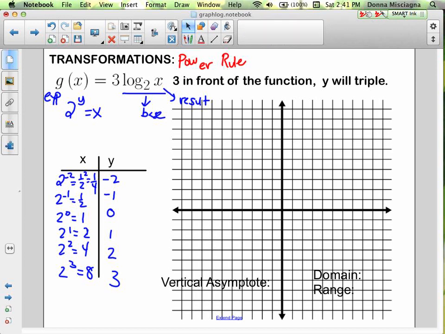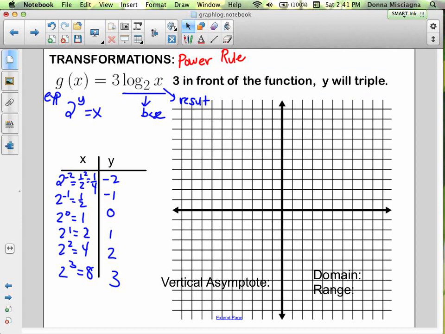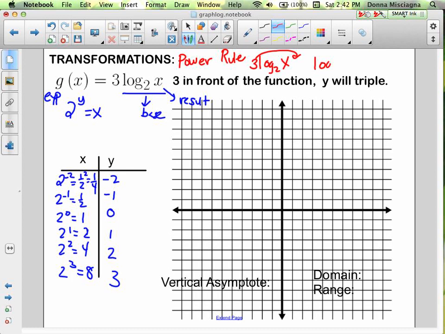All right, so the power rule here says that I can rewrite 3 log base 2 of x as log base 2 of x cubed. Now, you wouldn't want to solve it like this, because actually it's a little harder. Actually, it's a lot harder. There's a much easier way.